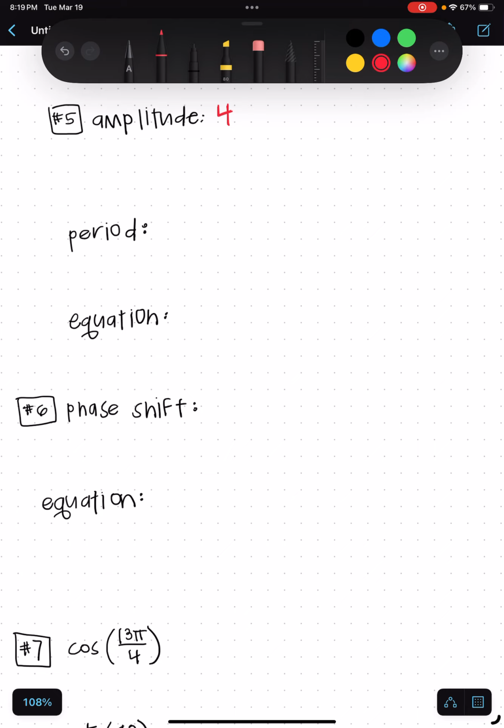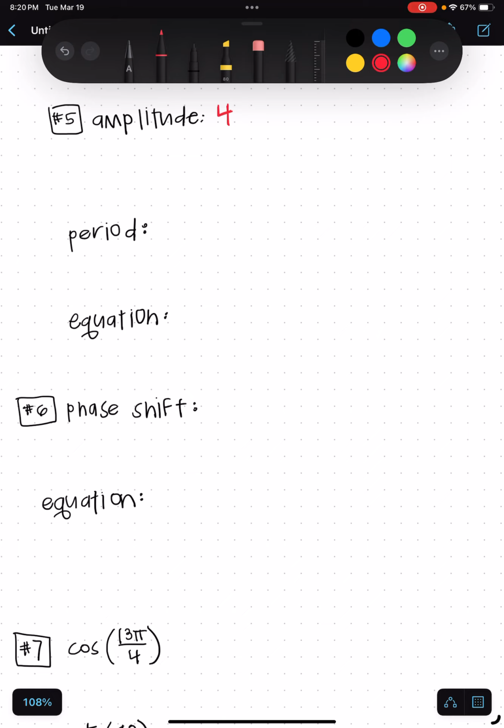Now, the next question is asking you for period, and to find period, the general form for period on a sine function is 2 pi. So that normally tells us that we go from start to finish within 2 pi, but in this case, it looks like you started at 0, where x is equal to 0. You go up, and then all the way down, and then back up to the midline.